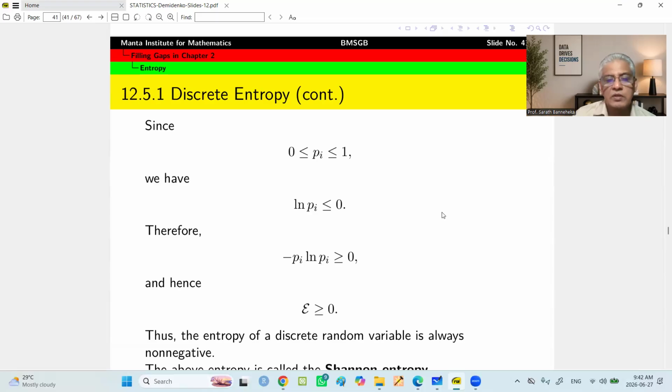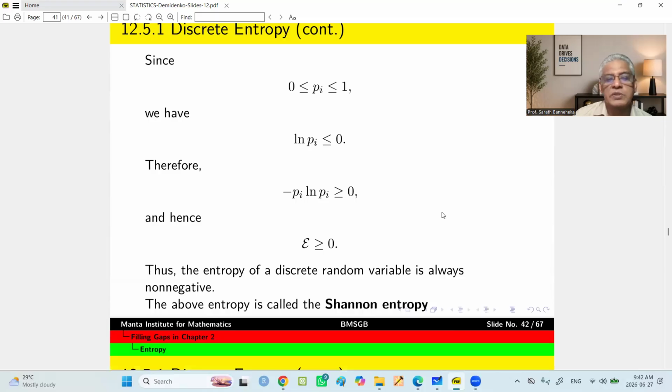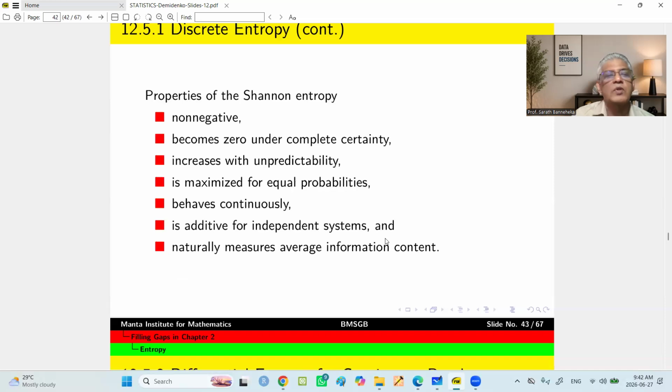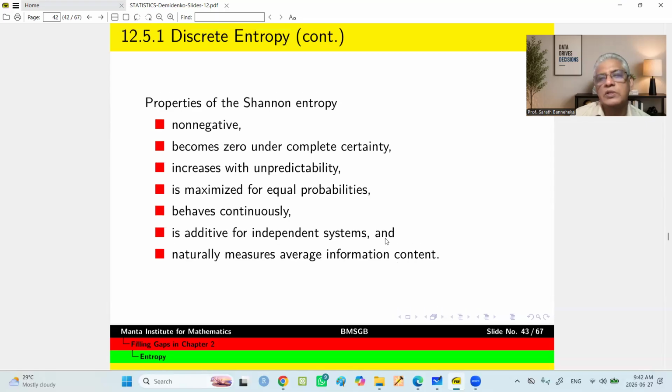And this entropy was introduced by a person called Shannon. Therefore, this entropy is called the Shannon entropy. So what are the other properties? That is the definition and the main property, non-negativity. In addition to that, this entropy becomes zero under complete certainty.